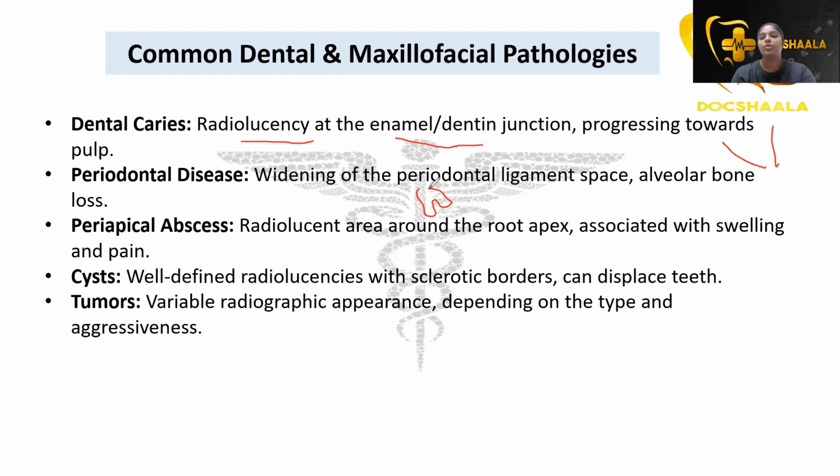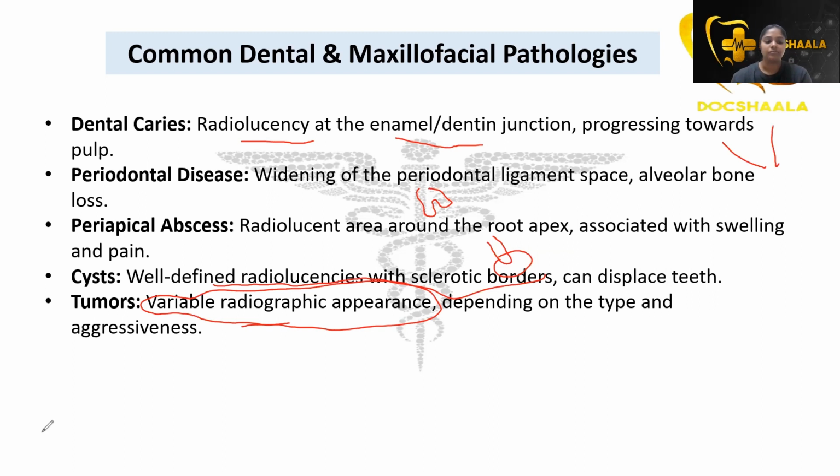Periapical abscess will be a radiolucent area around the apex associated with swelling and pain. Cysts will be well defined with sclerotic borders. They can also displace the teeth. Coming to tumors, the radiographic appearance is variable. This we'll discuss along with the clinical features, pathology, and radiological features. We'll make a video like that so that it will be easy, right?